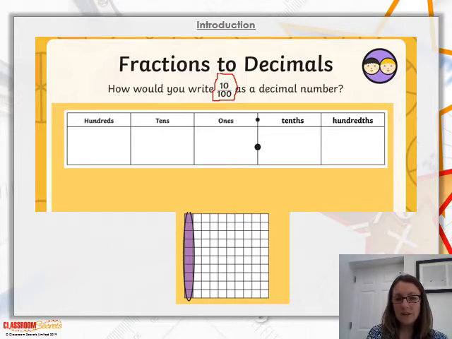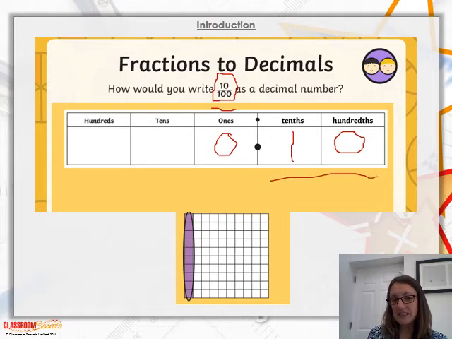Well, 10 hundredths would be written as 0.10. That's the same as, or equivalent to, 10 hundredths.